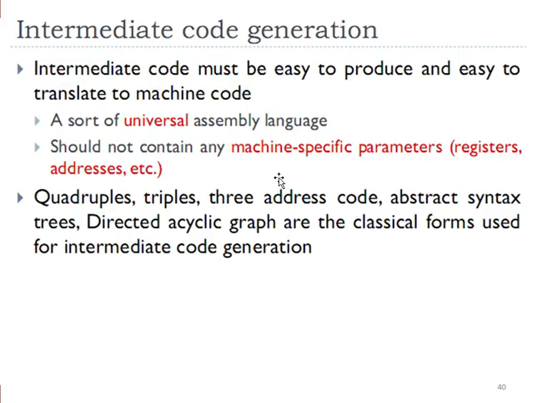So when we have an intermediate code, if we are creating an intermediate code in order to reduce the number of tools to be developed and involved in the translation process, the intermediate code must be easy to produce and easy to translate to machine code.